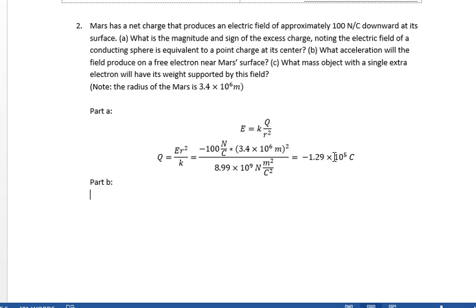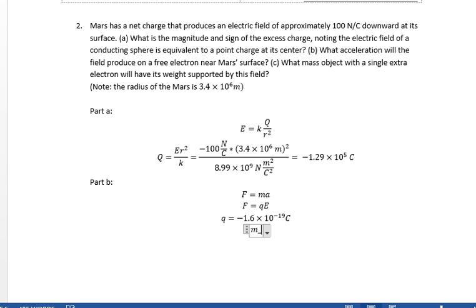All right, part B. What acceleration would the field produce on a free electron near Mars' surface? We know force equals mass times acceleration. We also know in this instance that force is charge on the electron times the E field. The charge on the electron is minus 1.6 times 10 to the minus 19 coulombs.